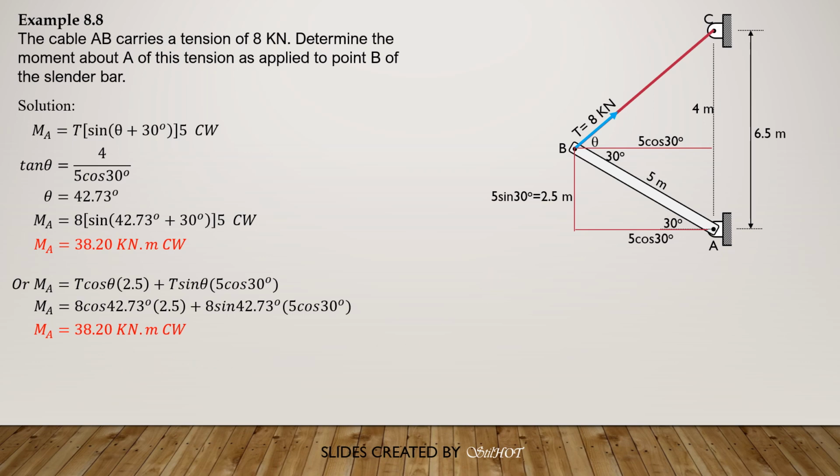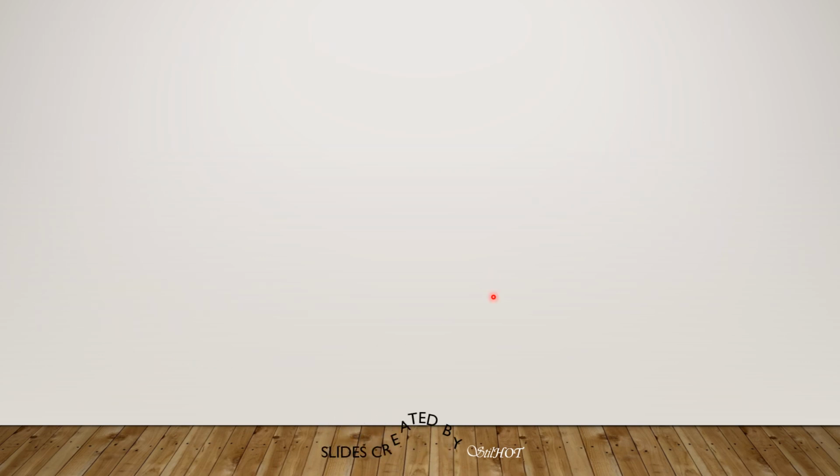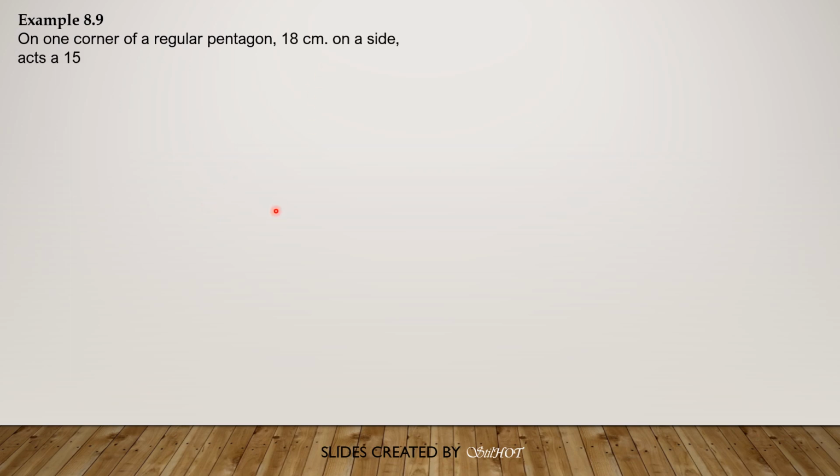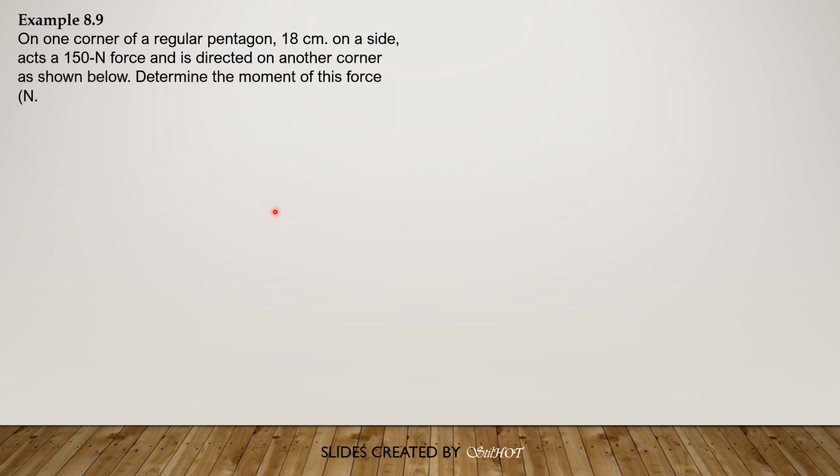So let's proceed to our last one, 8.8.9. On one corner of a regular pentagon, 18 cm on a side, acts a 150 Newton force and is directed on another corner as shown below. So determine the moment of this force in Newton meter about all corners of the pentagon.